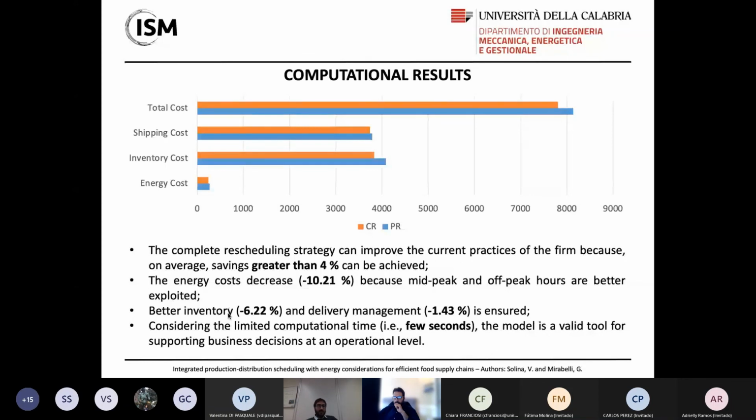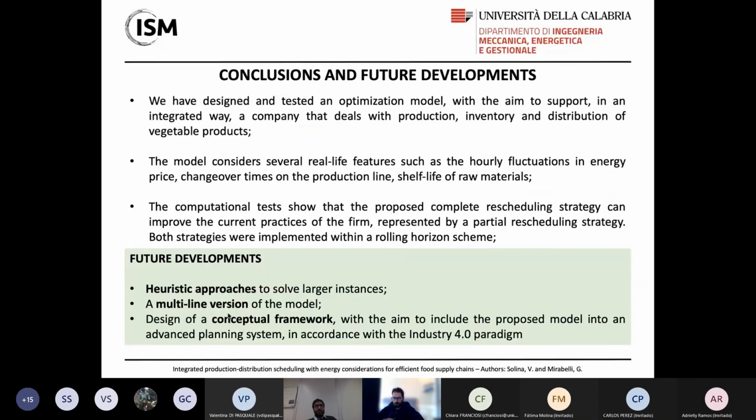In particular, about the energy cost, we have a decrease of about 10%, because mid-peak and off-peak hours are better exploited, and we have some improvements also about inventory and delivery management. And the computational time was very limited. I remember a few seconds, I think not more than 2 or 3 minutes. Then the model can support the company, obviously at an operational level.